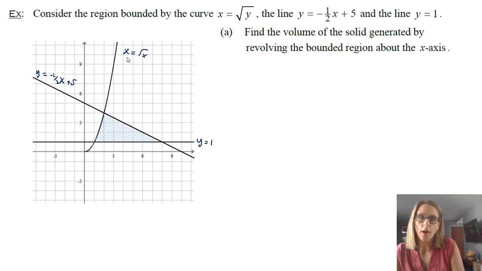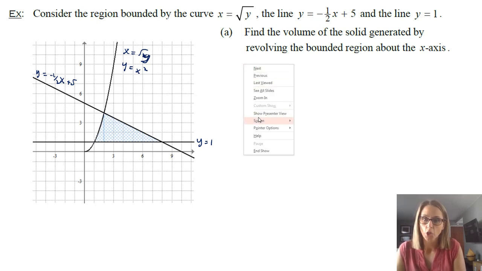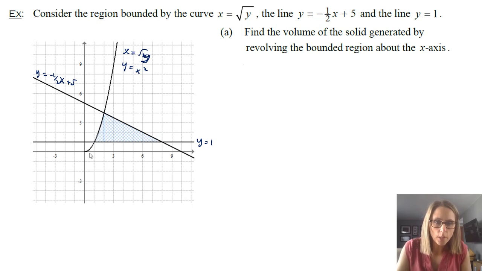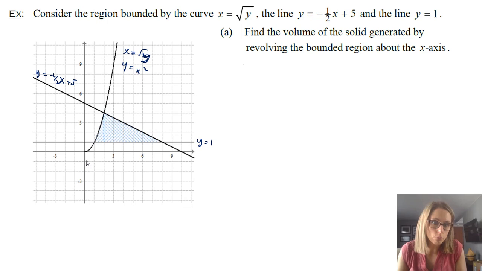You can also think about the fact that this is x equals square root y, which is the same as y equals x squared. Okay, so first thing we're going to do is revolve it around the x-axis. So actually, maybe I'll keep my color for the moment. So you can think about what that would look like if you were to reflect it.